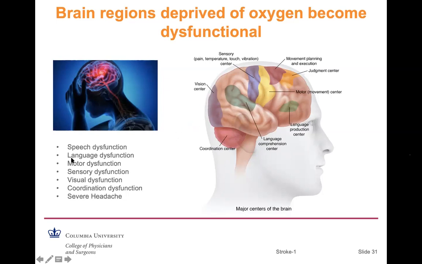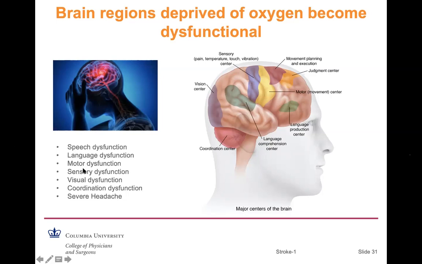stroke symptoms. Stroke symptoms can include speech dysfunction, producing speech. Stroke symptoms can include language dysfunction, comprehending speech. You can have slurring of your speech because the mechanical muscles responsible for speech are affected. Or you can have motor dysfunction of one half of your body. And I told you how the left motor cortex affects the right side of the body.